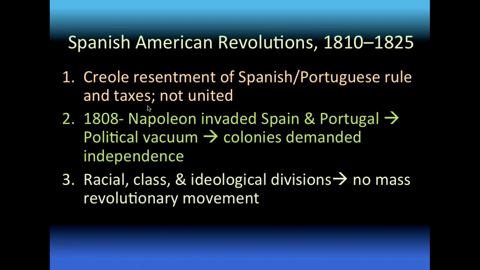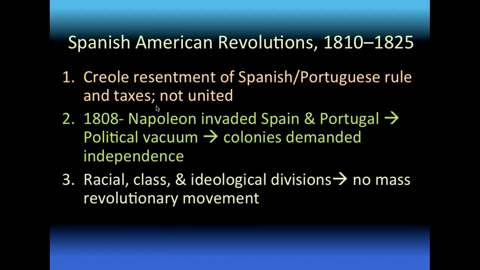There were very wealthy people who had a little bit more influence, and there were very, very poor peons, lower class people who had very little influence, were not landowners, had no money, had no say. And ideological divisions, meaning different philosophies on how people should be ruled, how governments should be created, and how laws should be followed and kept. So there was no mass revolutionary movement.